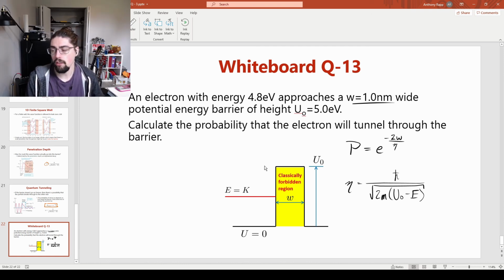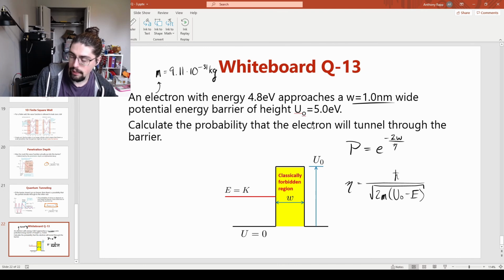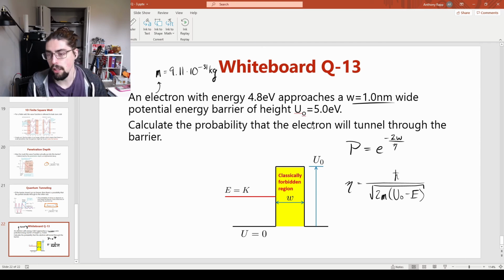So with all of these things, we can say the electron is going to have a mass of 9.11 times 10 to the negative 31st kilograms. We know what the energy is in electron volts, and we probably want to convert this into standard units. Let me take the difference between the two.